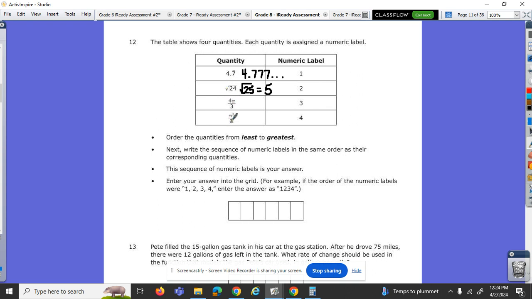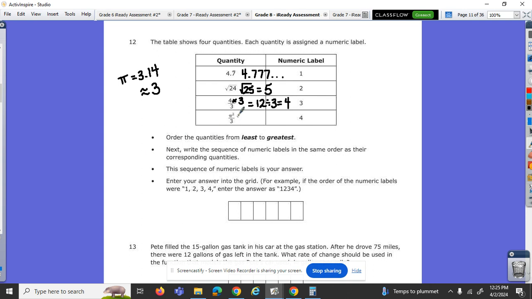Okay, the last two have pi with them, and we know that pi is about 3.14, we estimate it. But just for sake of rounding, let's just say that it's about 3, because that will help us kind of order these from least to greatest. So if we say 4 times 3, that would be equal to 12, and 12 divided by 3, right, is about 4.